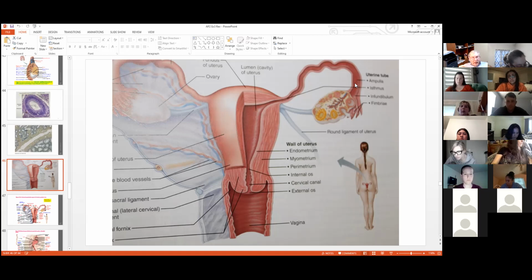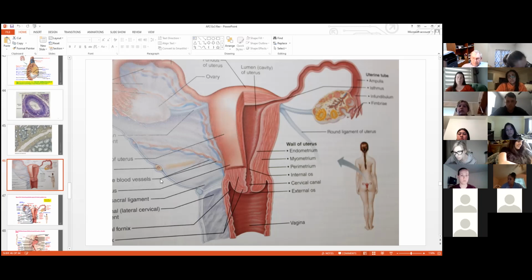Those cells that were doing their best to become the pacemaker cells were out of place, and so we call that an ectopic focus. So ectopic is out of place. An ectopic pregnancy is just an out of place pregnancy.